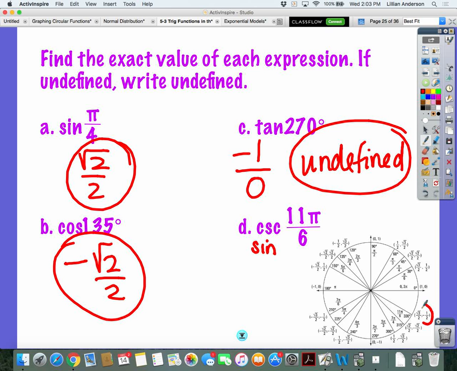It's a negative 1/2. So your answer is not negative 1/2. You have to do what to it? Flip it. So the answer is going to be negative 2 over 1, which is just negative 2. That's how you find the exact values. But again, you got to know your circle.